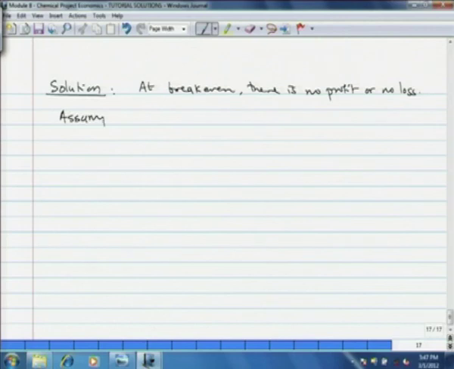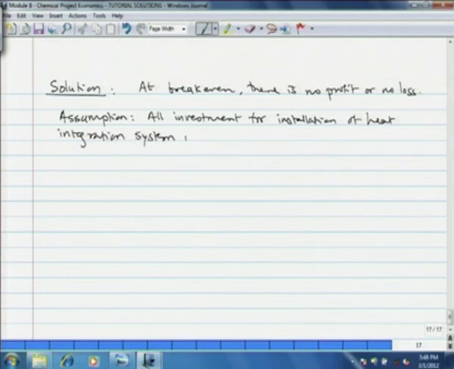Assumption: all investment for installation of heat recovery system or heat integration system is done in a single installment at time equal to 0.